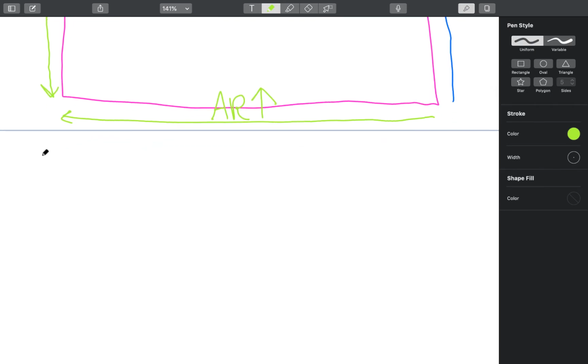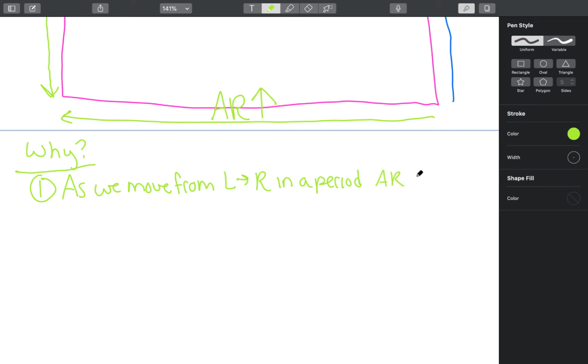However, why? So why do we see these trends? So let's look at the first trend. As we move from left to right in a period, atomic radius tends to decrease. So why is this?